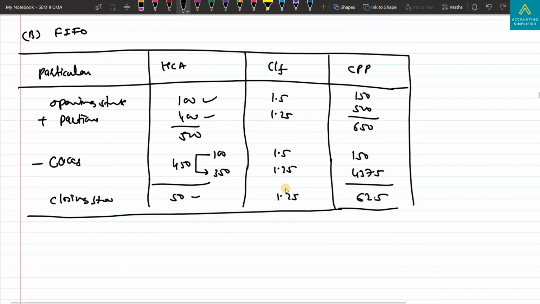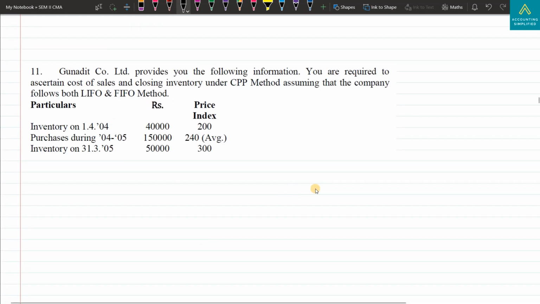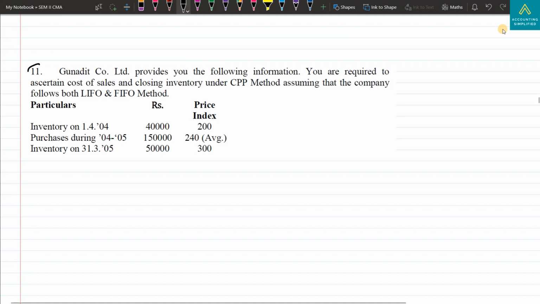Now we are going to learn example number 11, solution of example number 11. Just read the example and then we'll start this example. I'm sure that you must have read this example. So Gunadit Company Limited provides you the following information. You are required to ascertain cost of sales and closing inventory under CPP method, assuming that the company follows both LIFO and FIFO method.